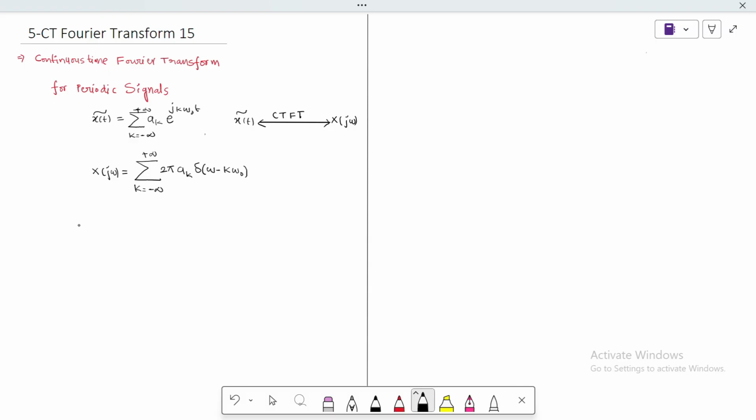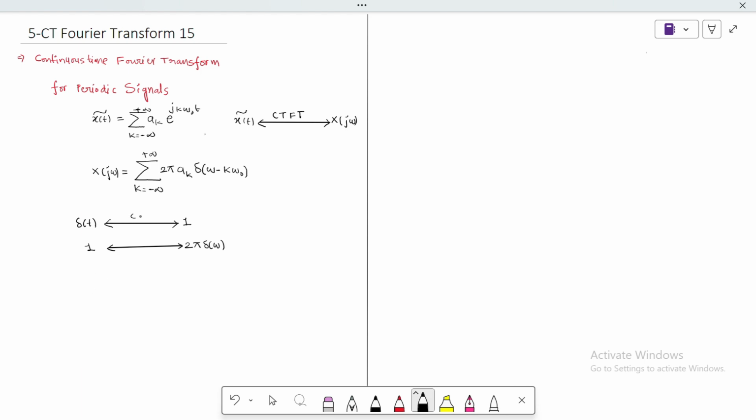See, delta of t, we know that the Fourier transform of delta of t is 1. Then the Fourier transform of 1 equals 2 pi into delta of omega.